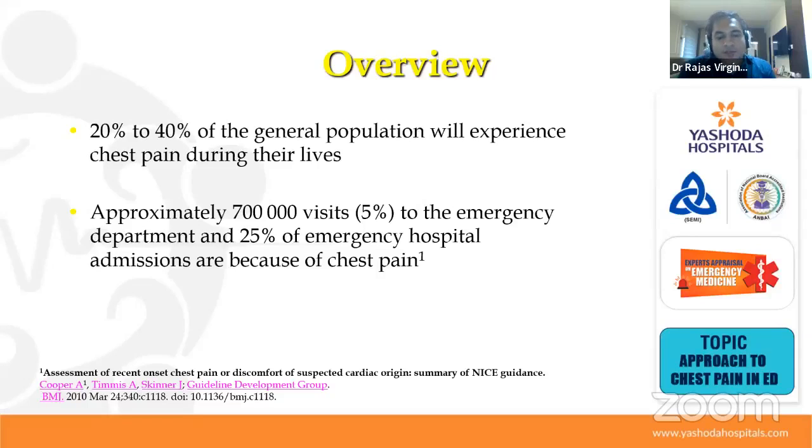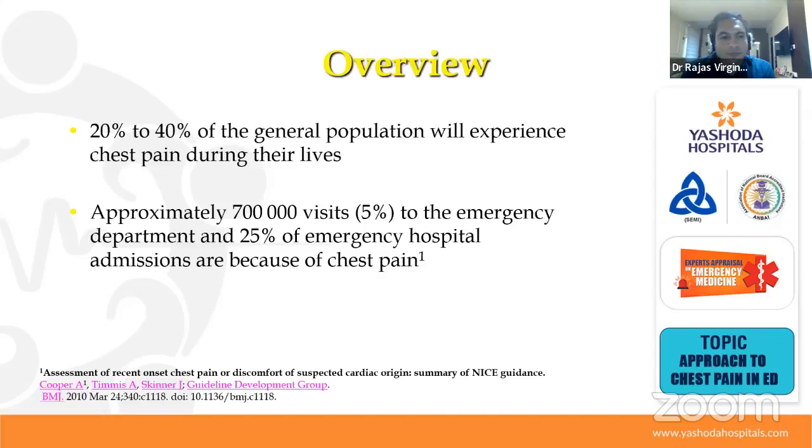Basically, a large part of the general population will experience chest pain during their lives, and a lot of them will come to the emergency department because people are quite aware that any form of chest pain is a cardiac event until proven otherwise.